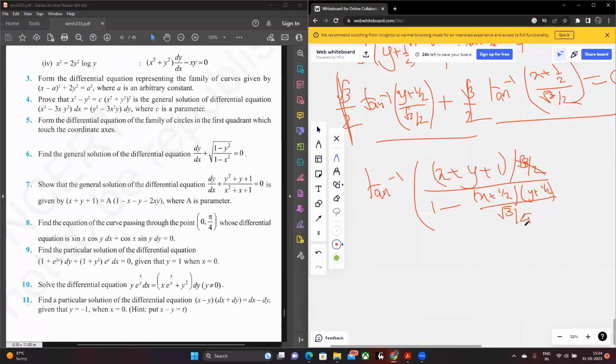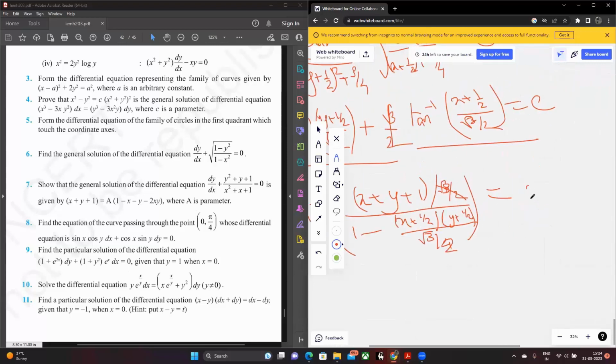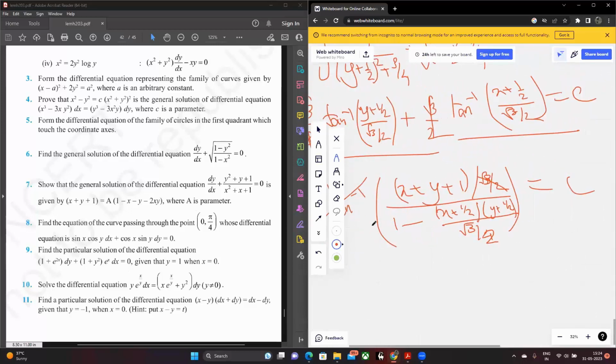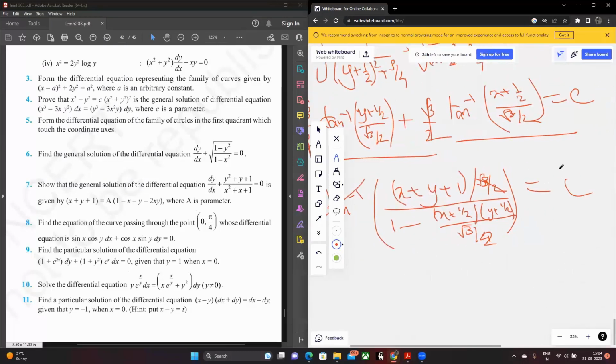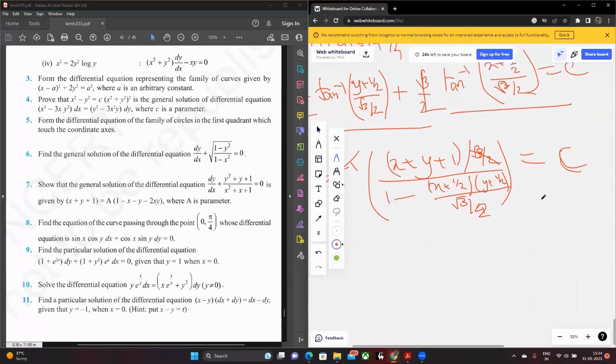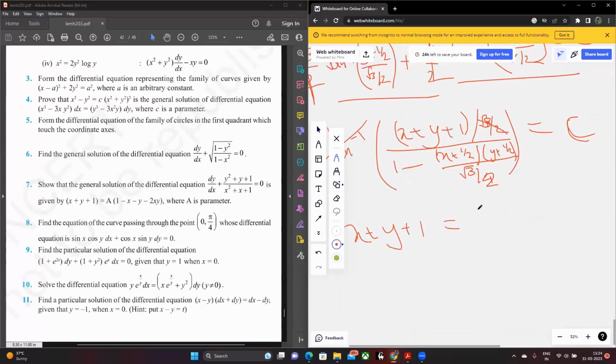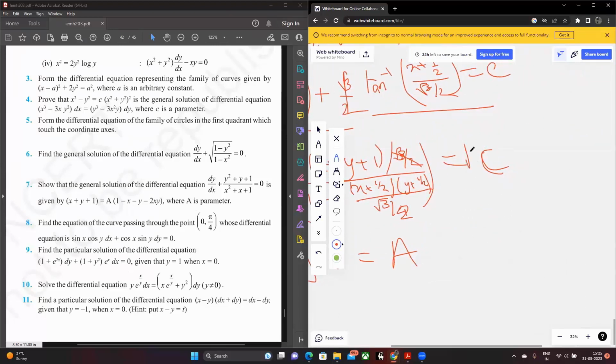This cancels out to give root 3 by 2. And since this is equal to a constant, right? So you can basically remove this because tan of this and tan c is again going to be a constant, so we don't need to change the right hand side. So basically, we have the fact that x plus y plus 1 is equal to this constant a. Wait, I'll just make this tan c.